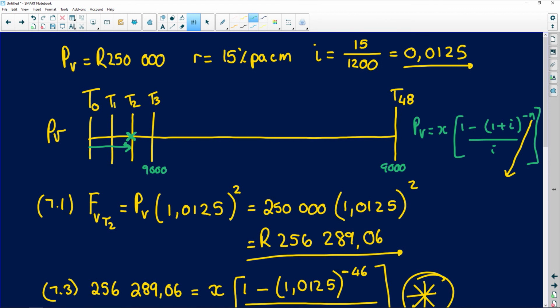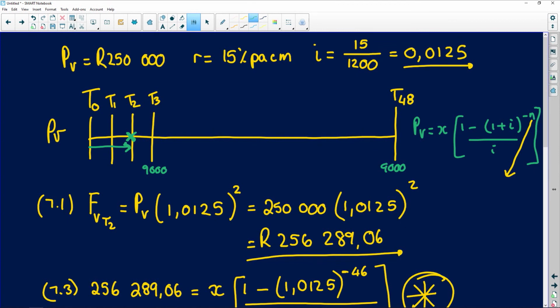We could start with a loan at 250,000 if we want to, okay? But we're going to start with it at T2 because we have the amount that was borrowed at T2. So what do we need? We need this present value, which we do have. We need the present value of all those payments.